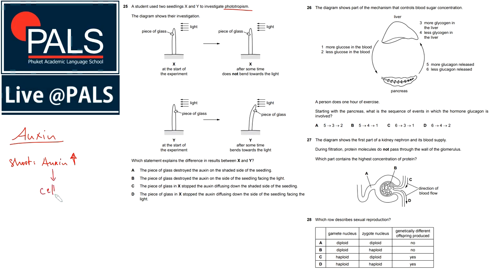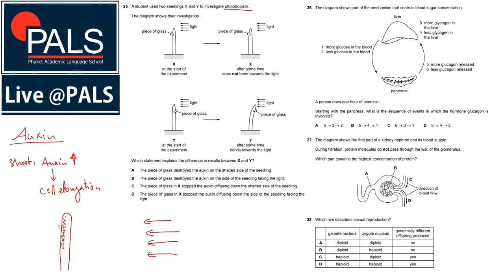this causes cell elongation. So if we have a normal shoot like this, without putting any piece of glass into the shoot, and we shine light from this side, this causes auxin to get more concentrated on the shady side of the shoot, so you will have a higher auxin concentration.